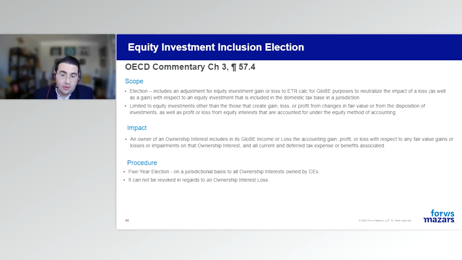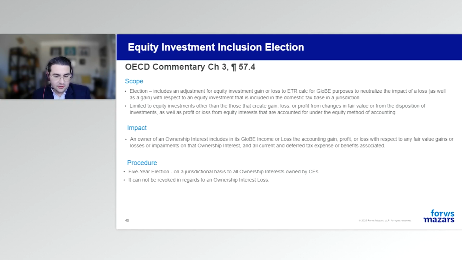That's tax that you've already paid in a jurisdiction, and now you could be subject to additional tax because of the Pillar 2 regime and this Article 3.2.1c exclusion for equity gains or losses. So, its biggest impact, right? It basically allows you to include that in there.